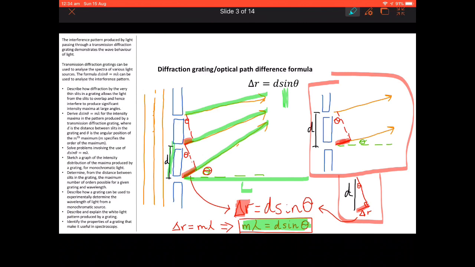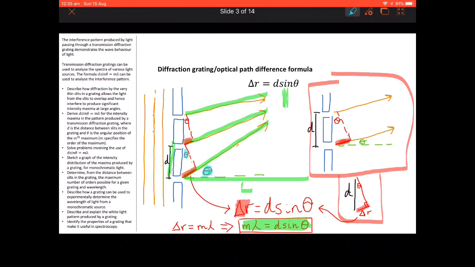Now, if you think about your similar triangles, it also happens that the angle here is equal to the angle here.